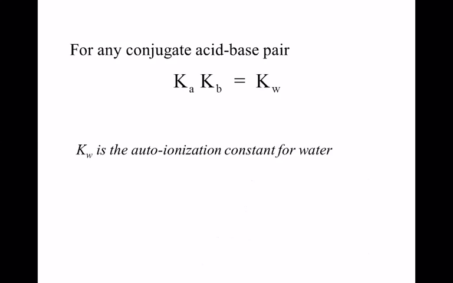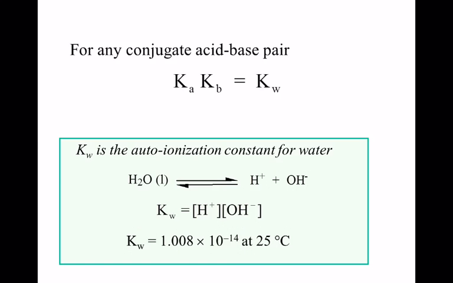And if you want to put a star next to that, I'll even tell you when you use it. Use this if you know either Ka or Kb, and need the other one.